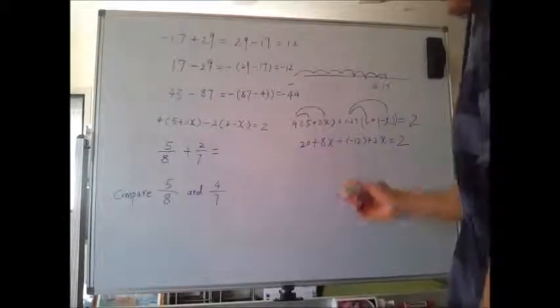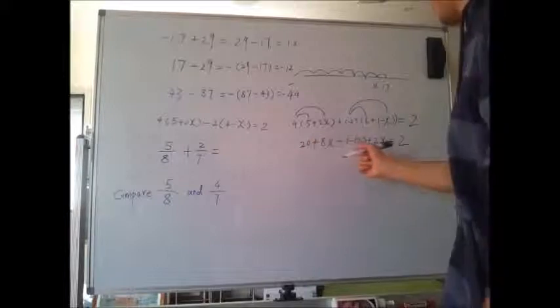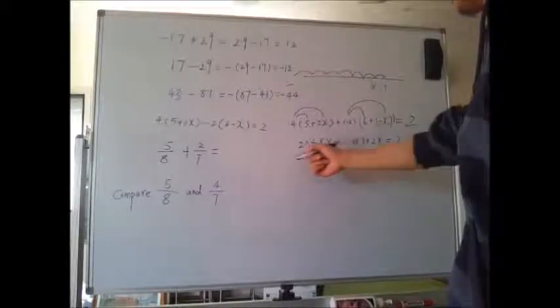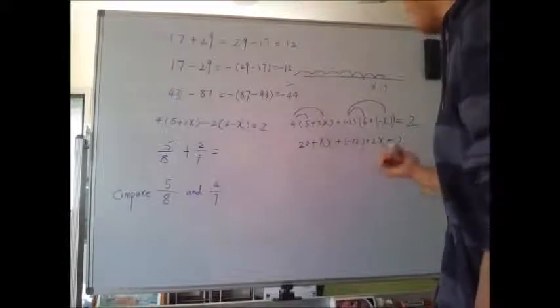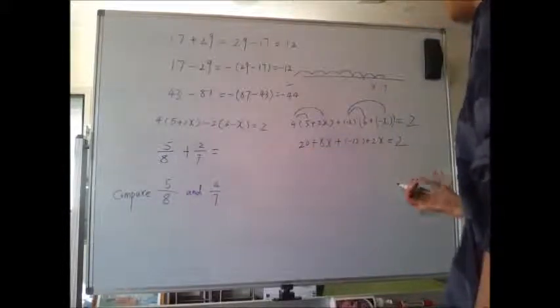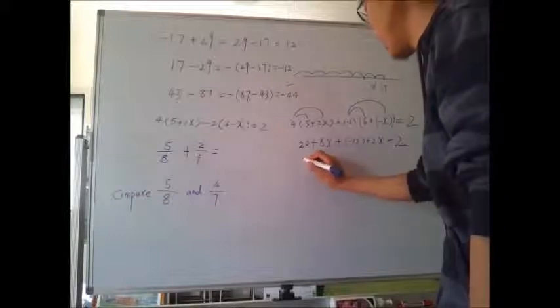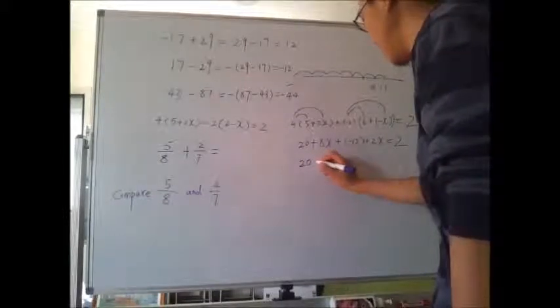Now let's combine the like terms. 20 and negative 12, so we can write them as 20 plus negative 12. Okay, let's do it step by step.